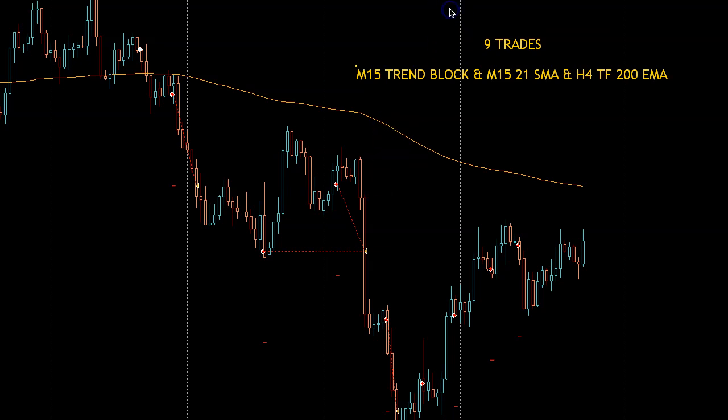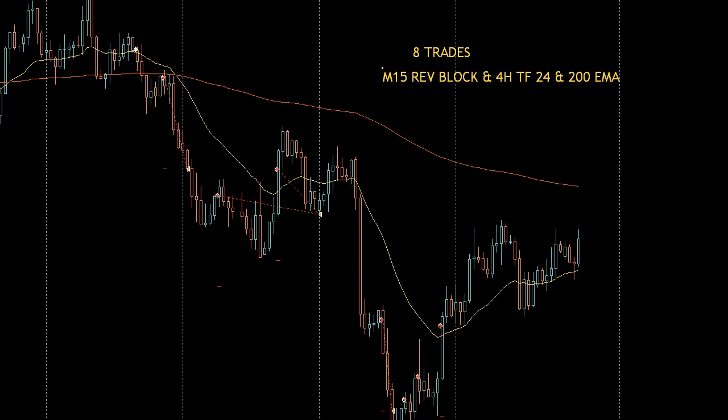Let me just close this. Okay, so now we're going to be using something different, and you can actually do this on the EA. The only creative thing I did was keep the M15, but change it to the M15 reversal block, because I see that I got a better entry, better price.